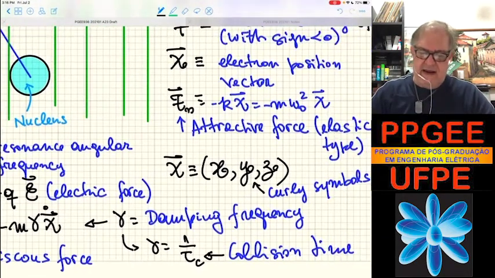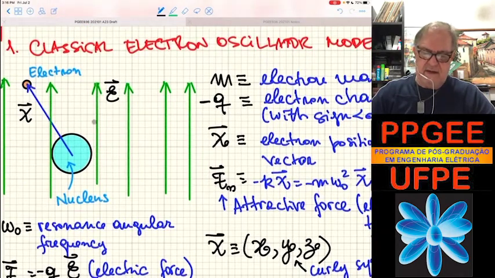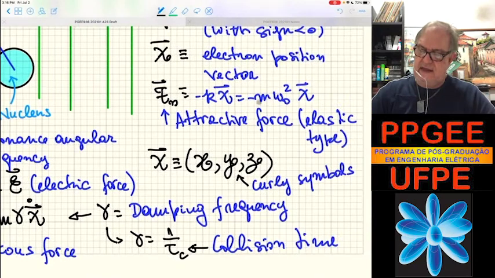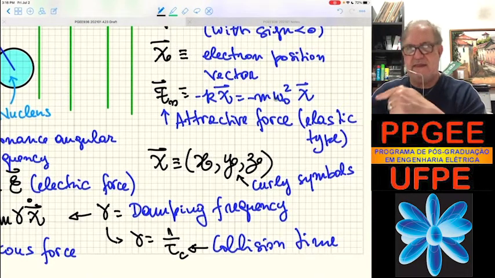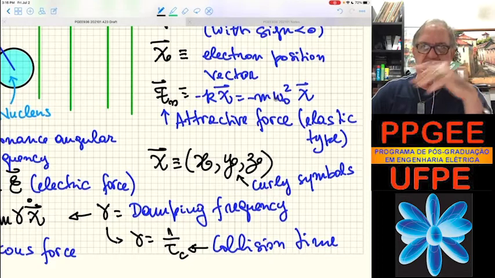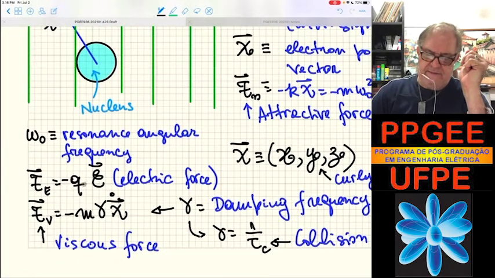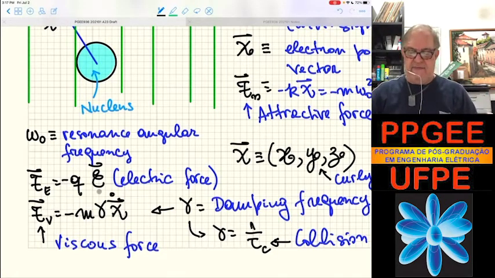So when we have an E field and we have the nucleus attracting the electron, we have this force, which is an elastic force, due to that Gauss's law I just showed you. You have an electric force on the electron, which is the charge of the electron, minus Q times E. And also we have some force that gives some damping to the system.